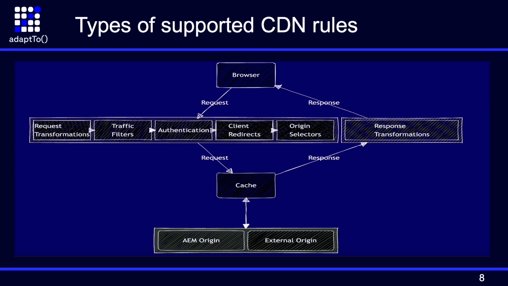I will show here a diagram to show the request flow essentially in the CDN. So the browser makes a request. The first things that are executed are the request transformations, so you can remove headers, rewrite the path, and so on. Then you decide, is the traffic okay? Should it be allowed? For that, you have the traffic filters. And then authentication looks at the credentials of the request. Is this a path that needs authentication?